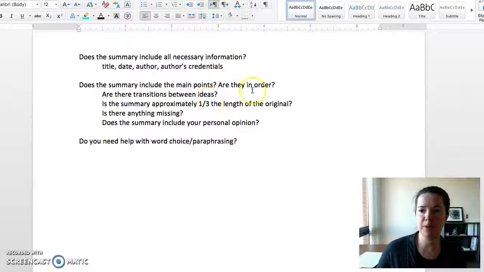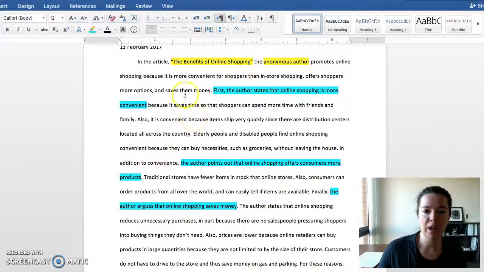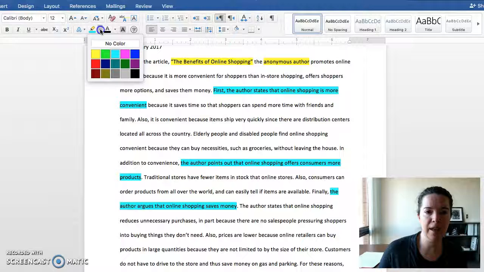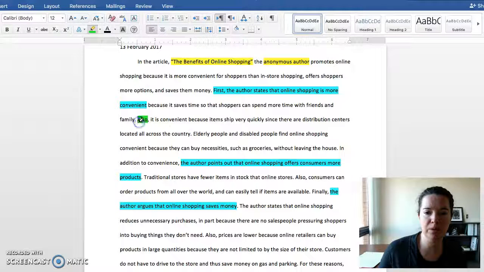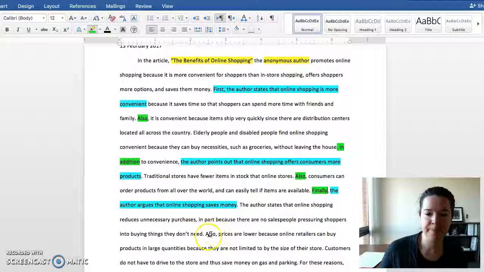Are there transitions between ideas? I have a lot of transitions that I've used here to make it easier for the reader. I will just highlight a few of them so you can see also. In addition, also, finally, I guess I've used also quite a few times.